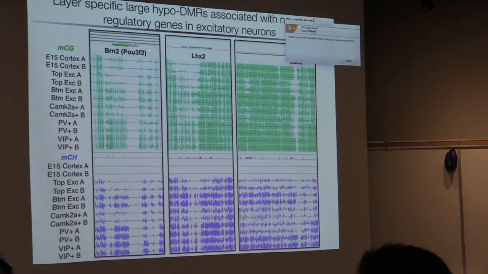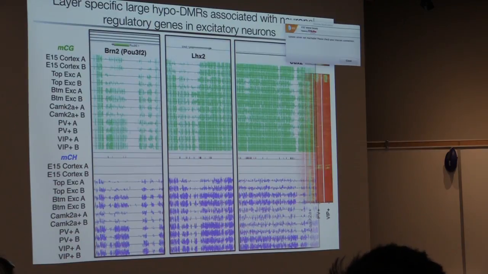Okay, and so you can look at some specific genes, interesting transcription factors, and say, here are top excitatory neurons in replicate from different mice, and here are other excitatory neurons from the bottom layers, from layers 5, 6, and they're different from one another, both in the CG and the non-CG context, in very interesting sets of genes.